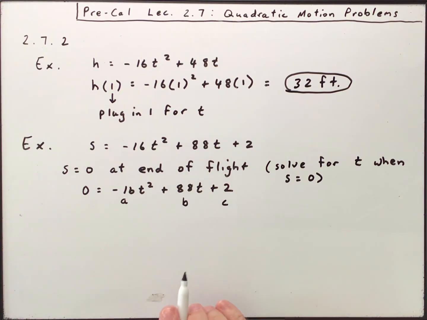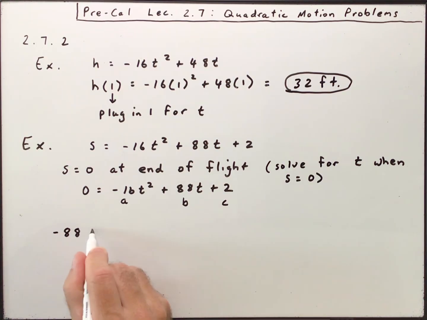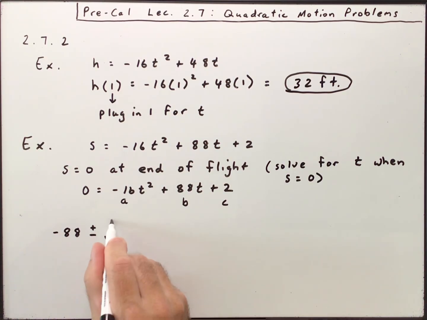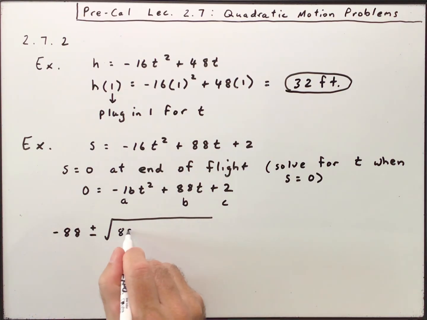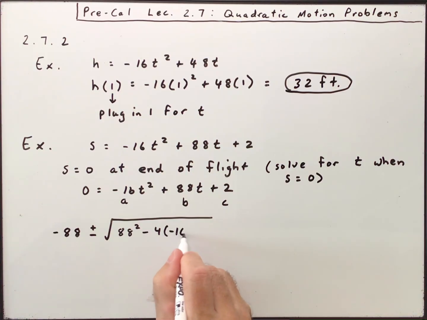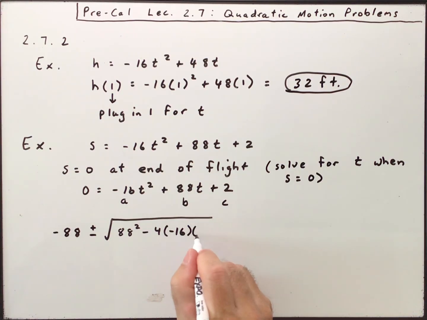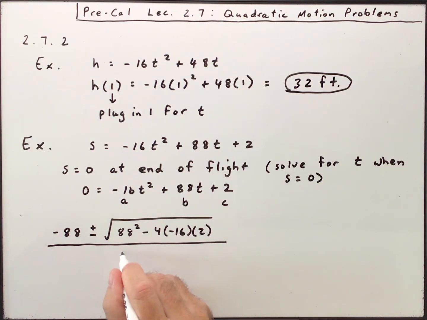So let's plug this into the quadratic formula. It's negative b, so negative 88 plus or minus the square root of b squared, so 88 squared minus 4 times negative 16 times 2, minus 4ac, over 2 times negative 16.